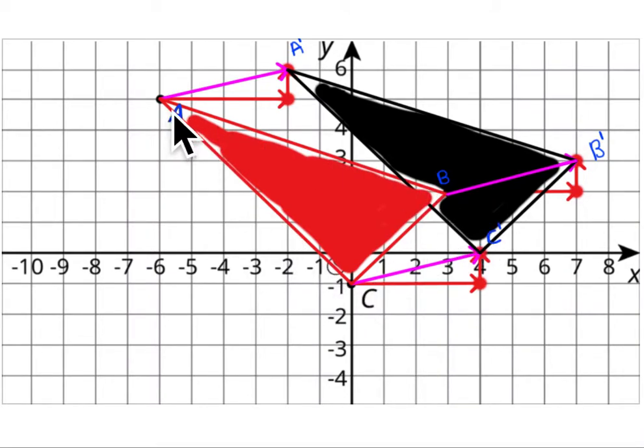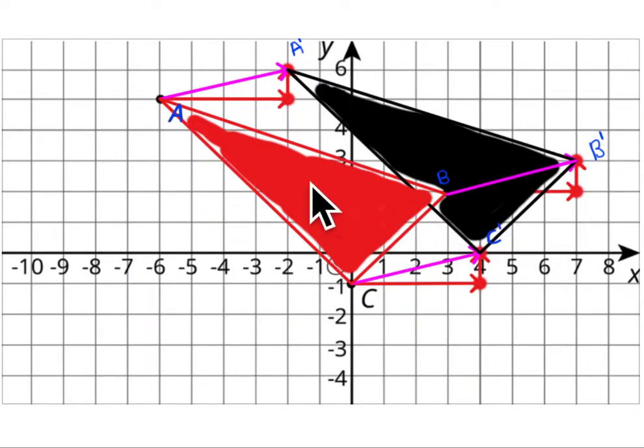So here A translated 4 units to the right, 1 unit up to A prime. B translated 4 units to the right, 1 unit up to B prime. And C translated 4 units to the right, 1 unit up to C prime. So this whole triangle altogether translates 4 units to the right and 1 unit up.